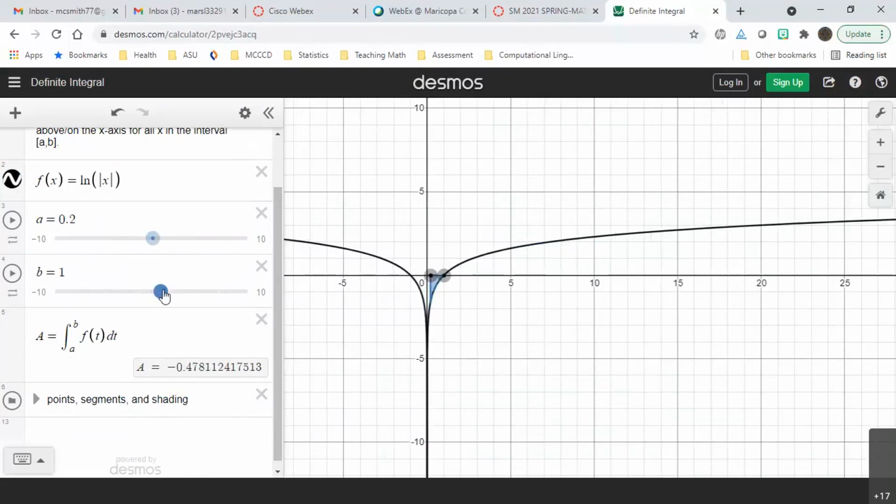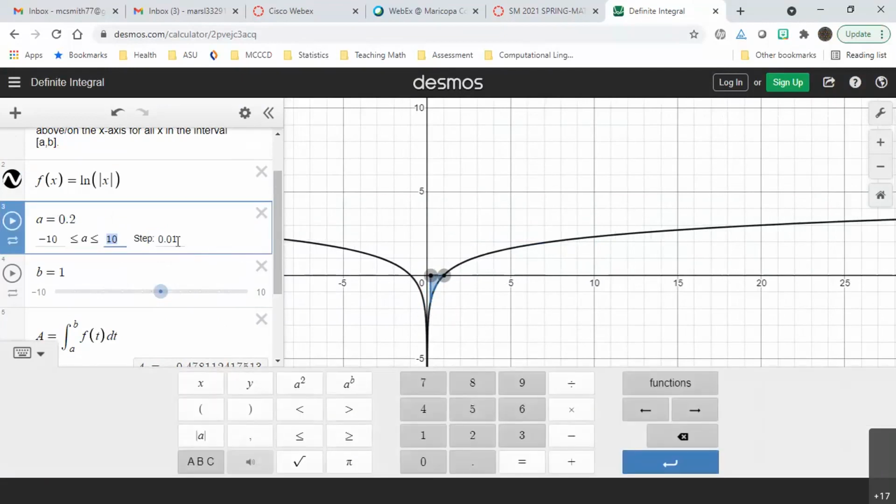And as I move that point closer and closer to 0, maybe I can do it in hundredths. You'll be able to see that I can't really get closer with the graph, but the area here heads on down to negative infinity. That's why the integral is divergent.